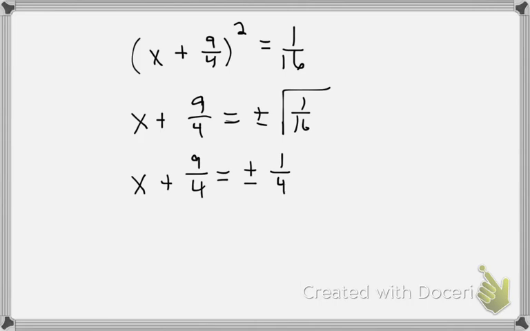So what is my next step? If I subtract 9/4 to the other side, x equals negative 9/4 plus or minus 1/4. This time, they are like terms and like radicals, because there's no radical. So I can actually do that plus or minus.